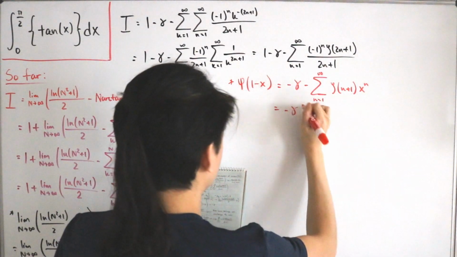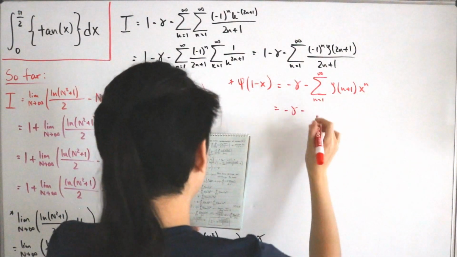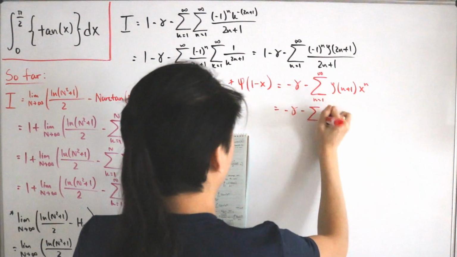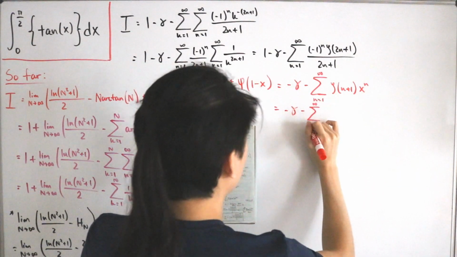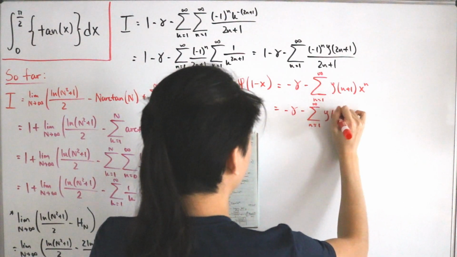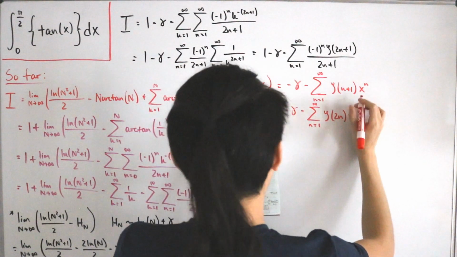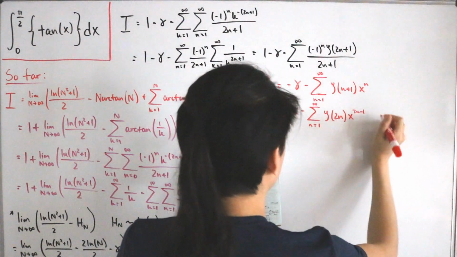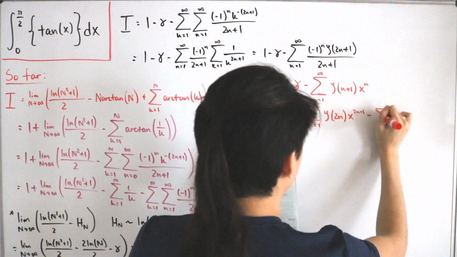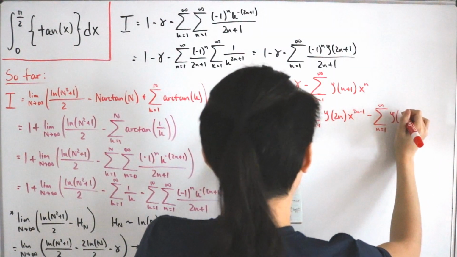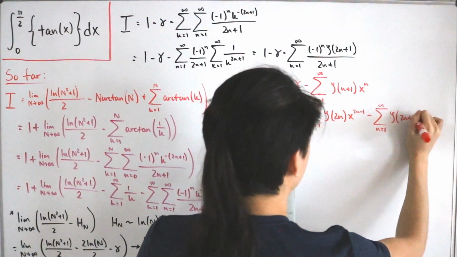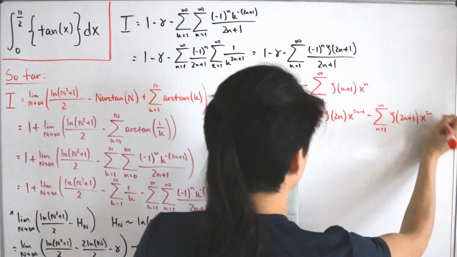Now I have negative lowercase gamma, and then subtract: first the infinite sum at n equals 1 of the Riemann zeta of 2n, multiplied by x to the power 2n minus 1. Then we subtract the infinite sum at n equals 1 of the Riemann zeta of 2n plus 1, multiplied by x to the power 2n.